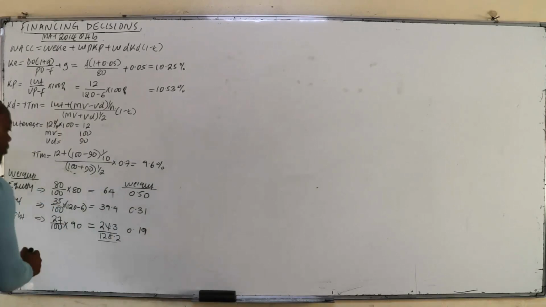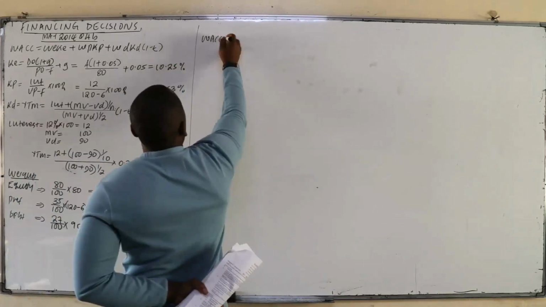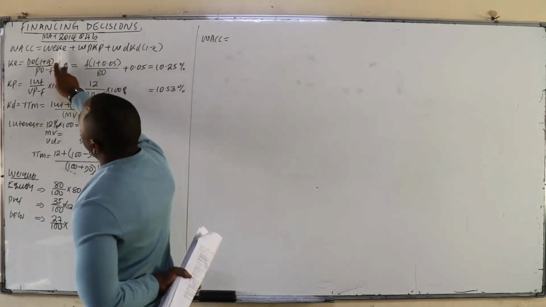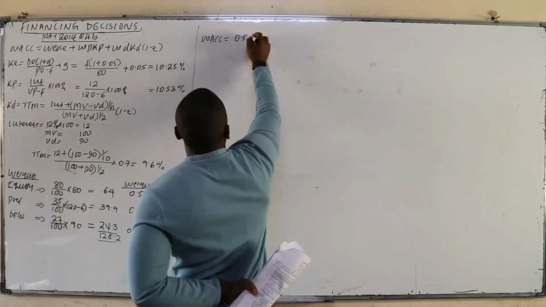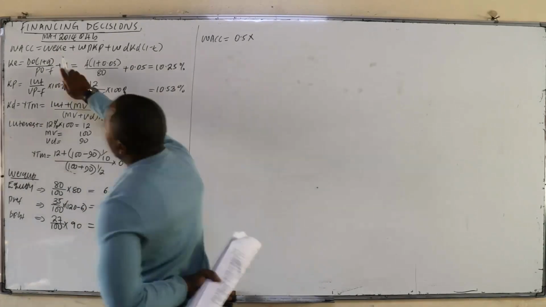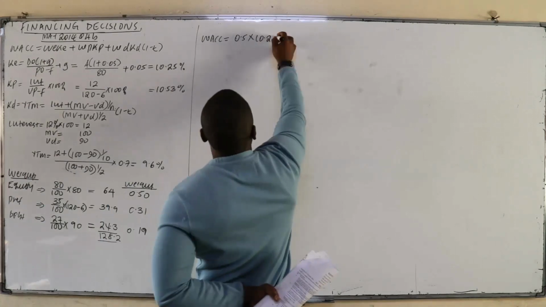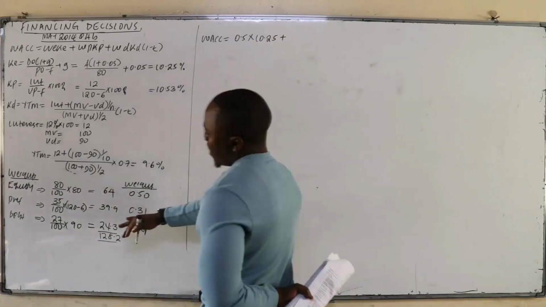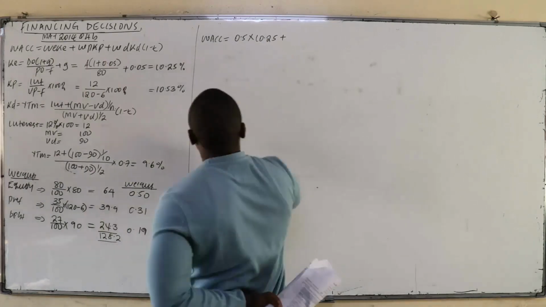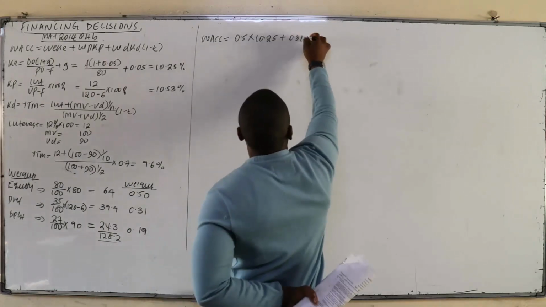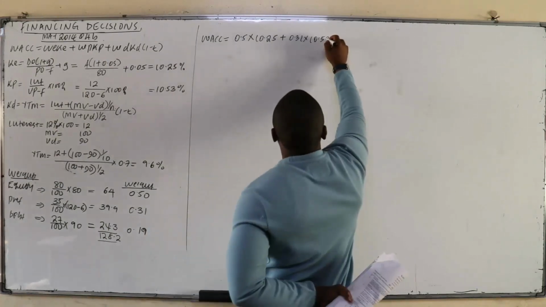So that means we can now be able to get WACC. So WACC is the weight of equity times cost of equity. Weight of equity is 0.5. You multiply by the cost of equity. Cost of equity you have is 10.25, plus weight of preference times cost of preference. So the weight of preference share is 0.31 multiplied by the cost of preference share, which is 10.53.